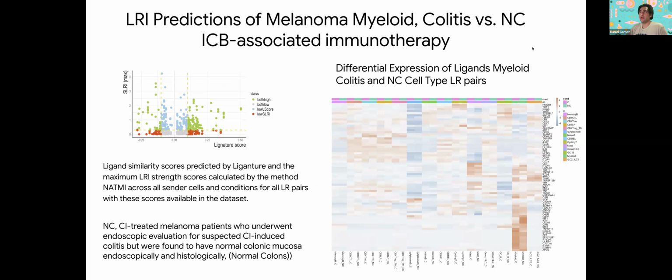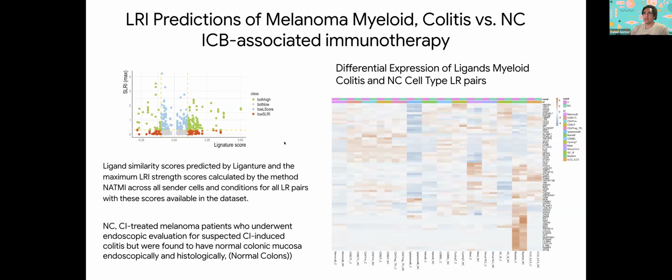Next, we have the LRI predictions in melanoma, which is a skin cancer, and the myeloid lineage, so all the innate immune cells that are myeloid, in the context of colitis, inflammation of the colon, and normal colon, and so they have immune checkpoint blockade associated immunotherapy.